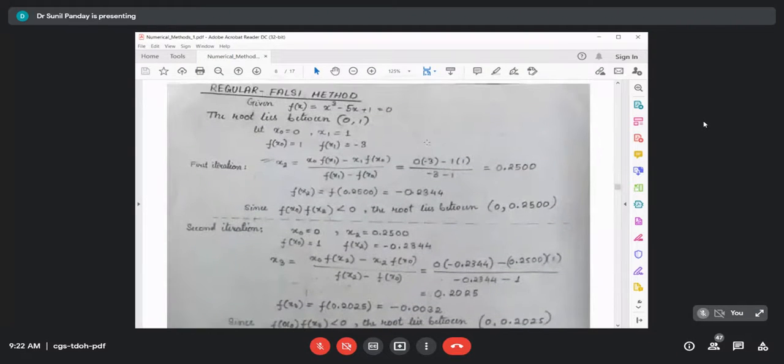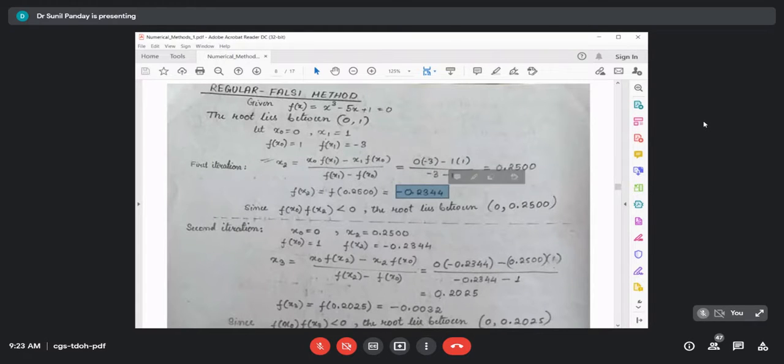So this is your x2. Once you have your x2, you have applied your conditions like this, and you are getting 0.2025. Like this, you got your x2 and you have calculated your f of x2, and here you are getting a negative sign.